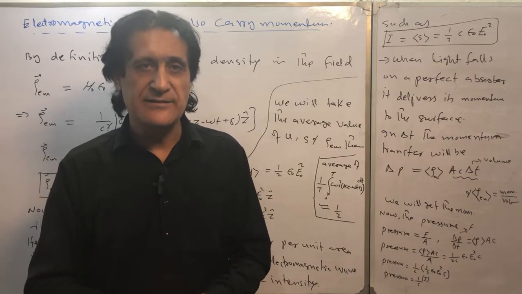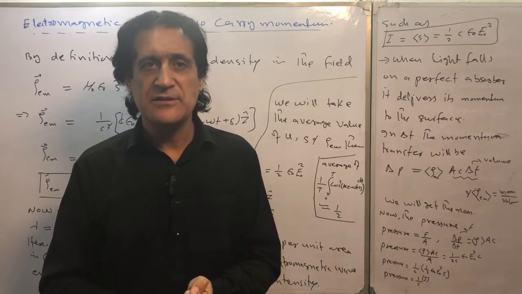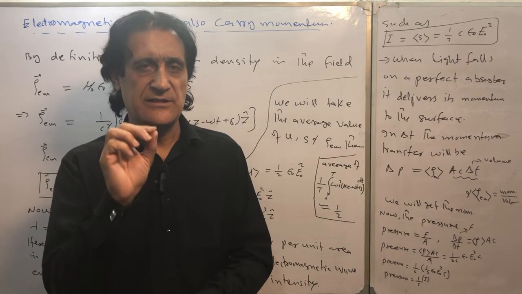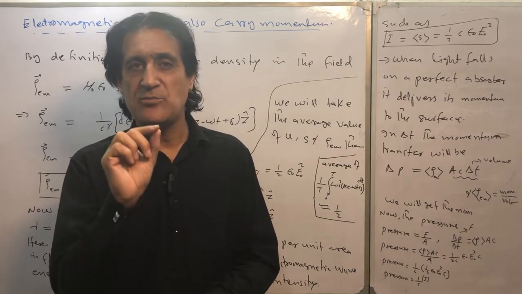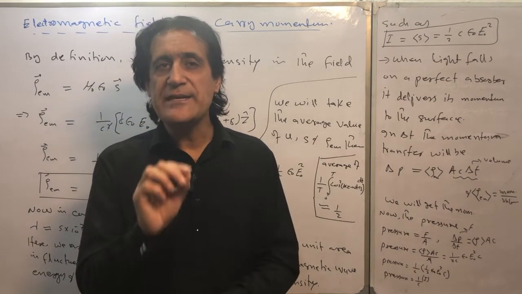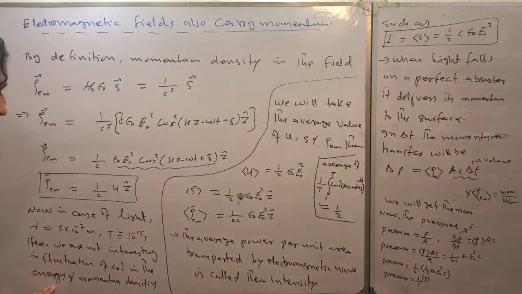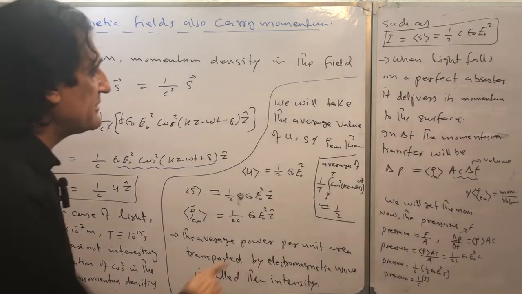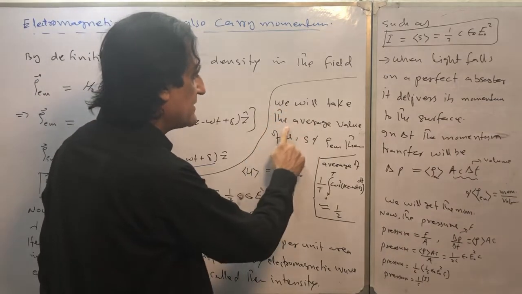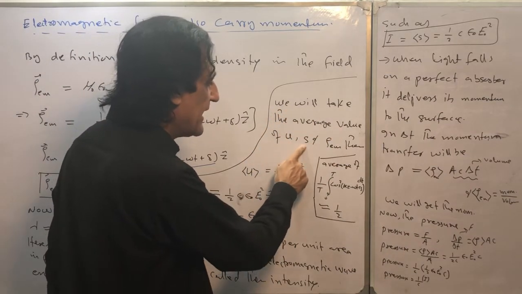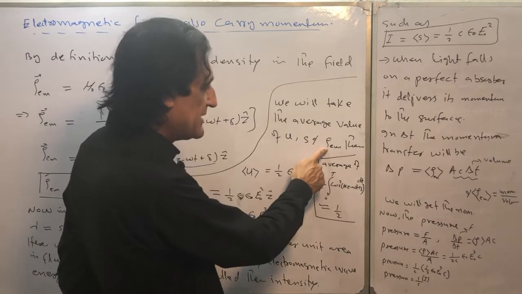We are only interested in the energy density and momentum density, so we can ignore the oscillation. If we ignore the oscillation, then we take the average value of U and momentum density.